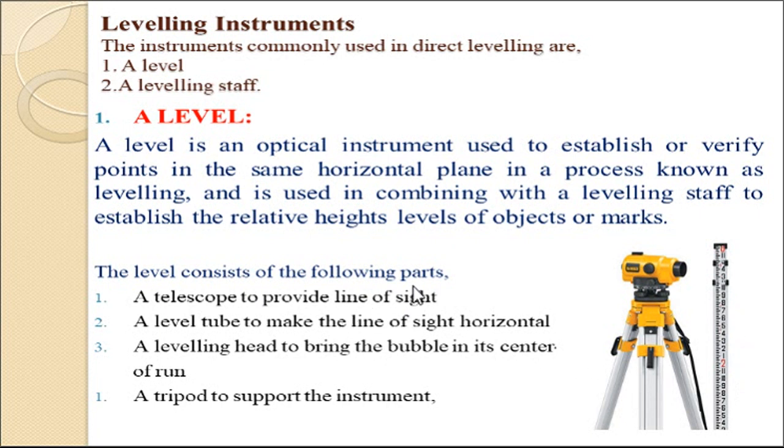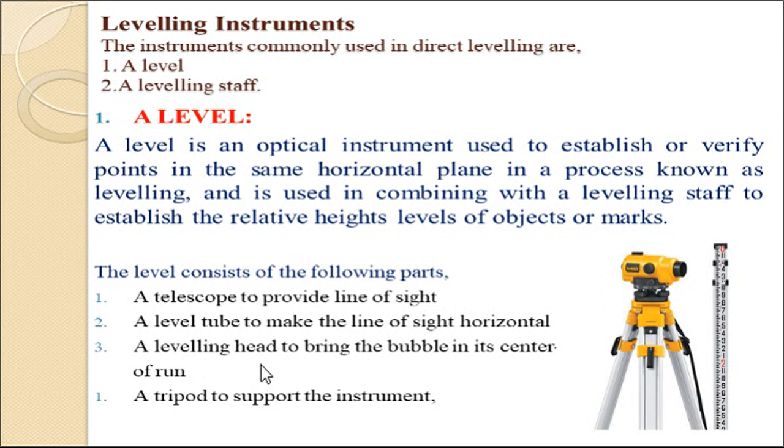Now this level consists of mainly the following parts. The first one, the telescope. The telescope provides the line of sight with object glass and eyepiece at either end. Then the level tube that helps us to make it perfectly horizontal.